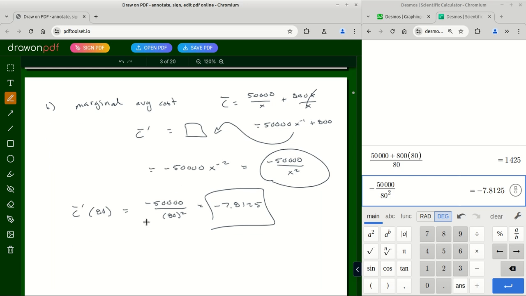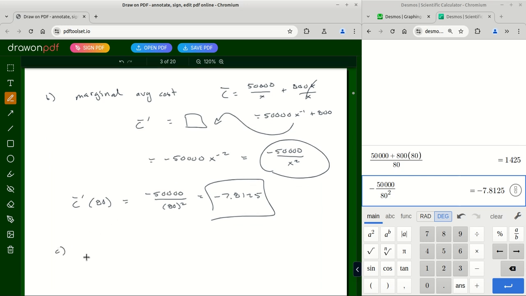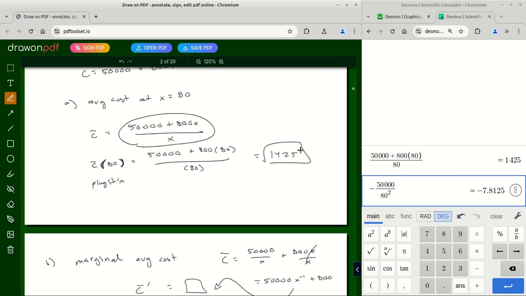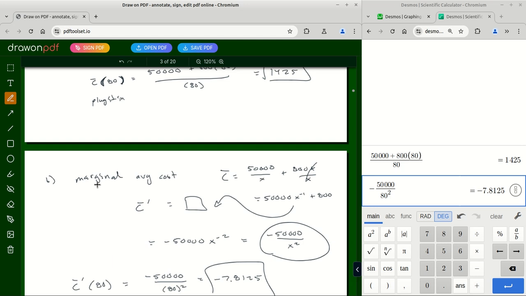Okay, cool. So now, part C, it says, now what about when you're at x equals 81? Oh, yeah. Okay, let's time out for a second for a small concept. What we have is the average cost, and the marginal means the change, basically.